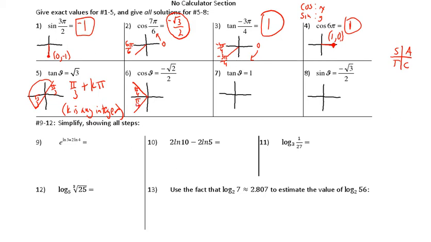So here's 4 pi over 4. That makes this 3 pi over 4 and this 5 pi over 4. So 3 pi over 4 plus any multiple of 2 pi and 5 pi over 4 plus any multiple of 2 pi.